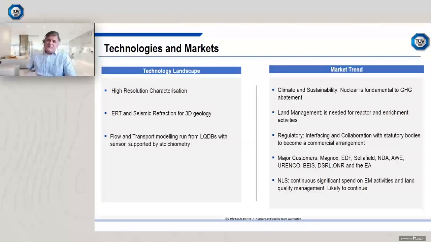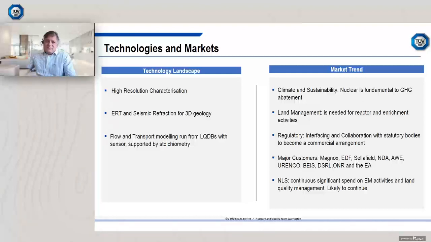So if you're choosing to do that, you have to get in quite early, and you have to balance what data you're going to get from these techniques against the traditional understanding of the structural geology of the site. Quite often, I find that these techniques are adopted under the instruction of the regulators.